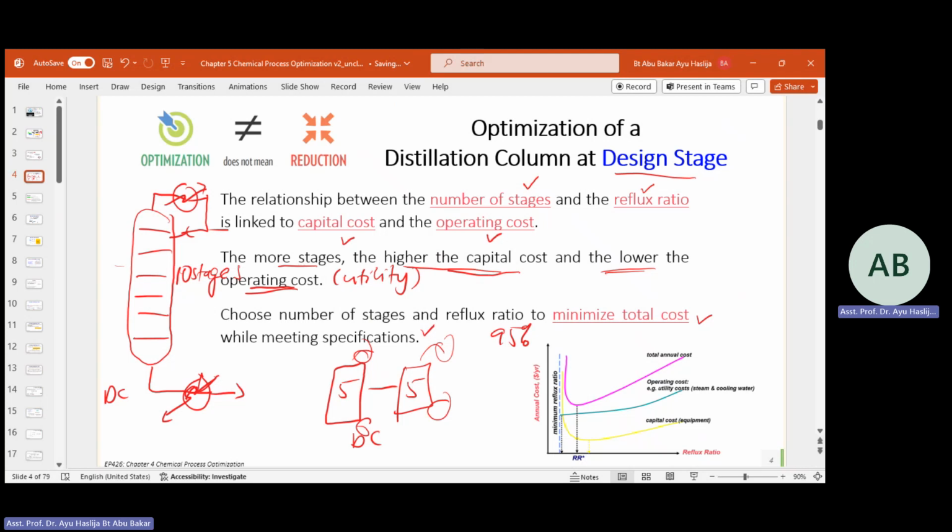Having one DC with a higher number of stages can achieve the 95%. Meanwhile, having two DC with 5 stages also can achieve 95%, but then the cost will be different. Yes? Okay.